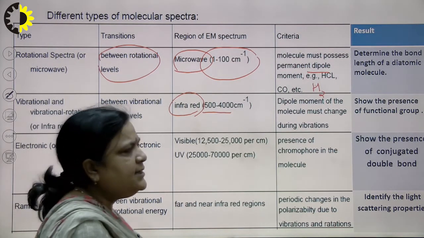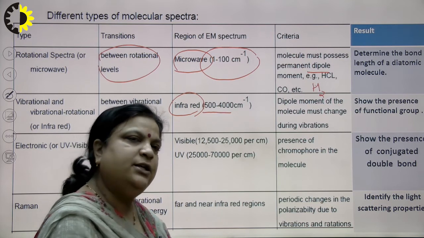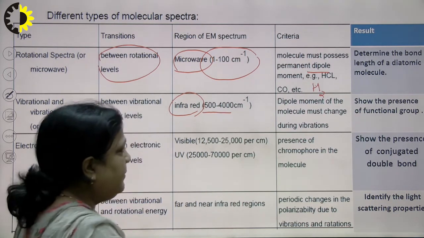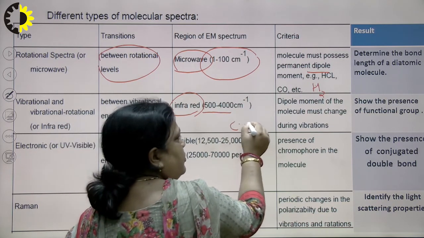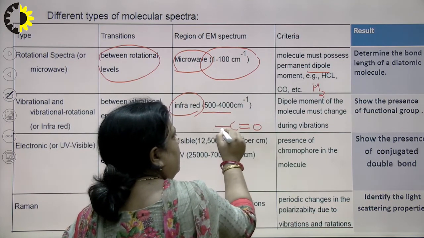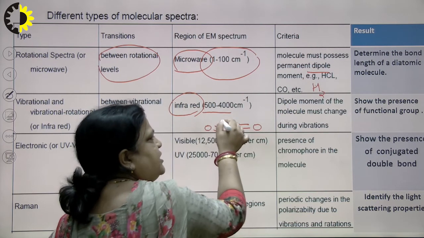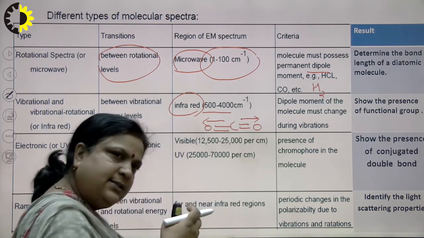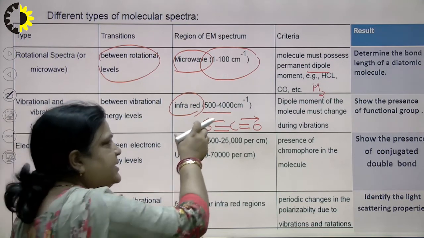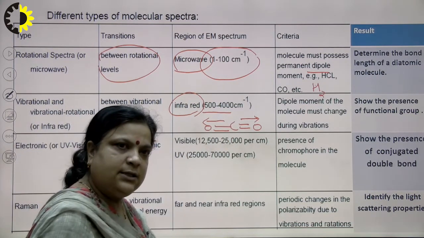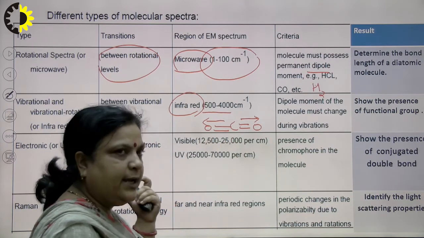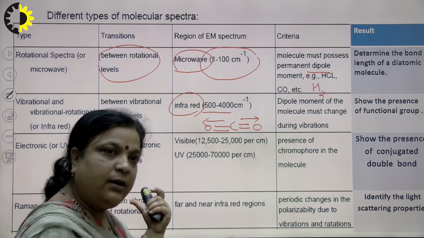And the criterion is that during the vibration the dipole moment must change. For example, in CO2, if the vibration is symmetric, meaning we stretch in a symmetrical manner, the dipole moment will not change. That is, this type of vibration will not give an IR spectrum.